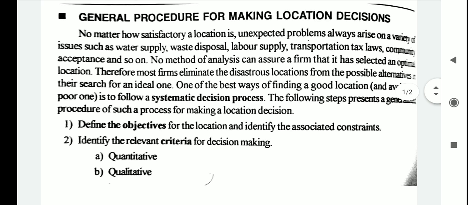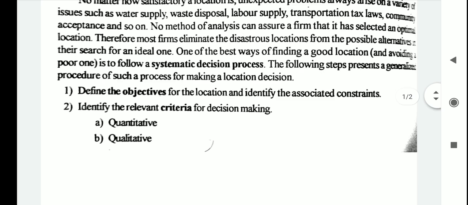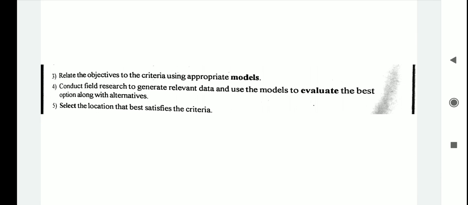First, define the objectives for a location and identify the associated constraints. Second, identify the relevant criteria for decision making, that is, quantitative and qualitative. Third, relate the objectives to the criteria using appropriate models.